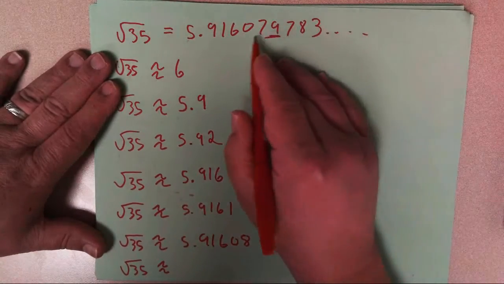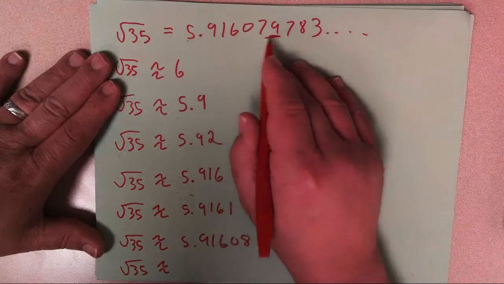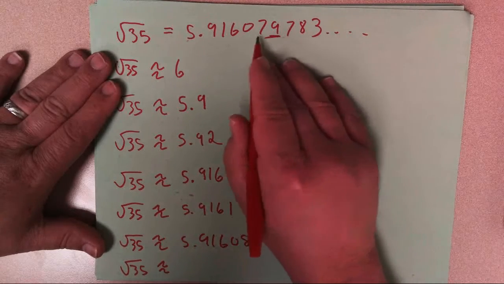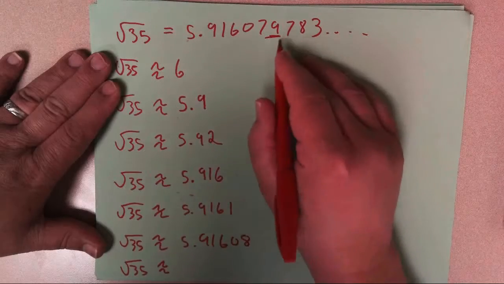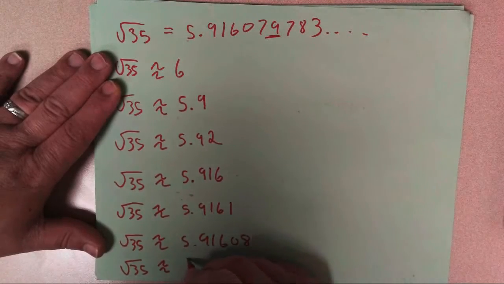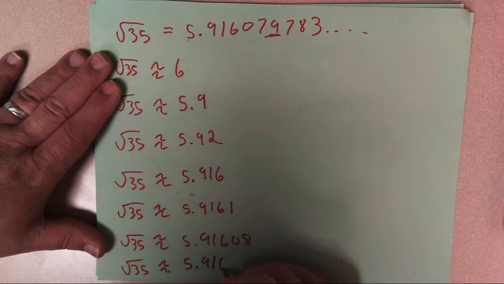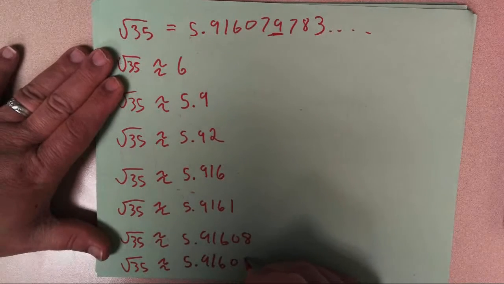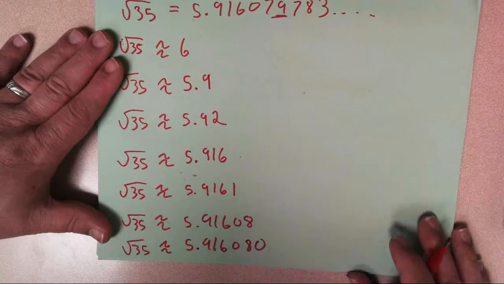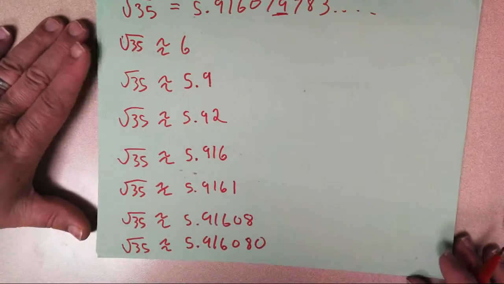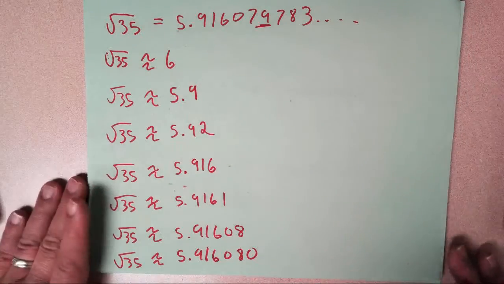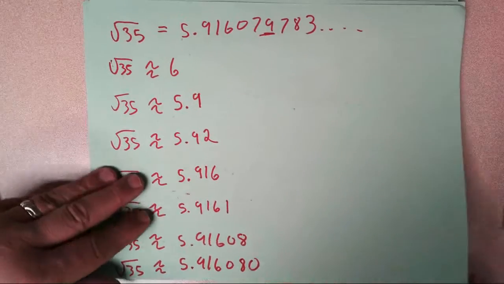Another way you can think about this is I'm going to round 79 up to 80. That's a way that you can think about this. So if I round this here, I'm going to get 5.916080. And that would be rounding it to 6 decimal places.